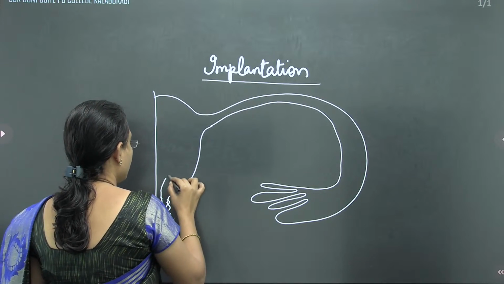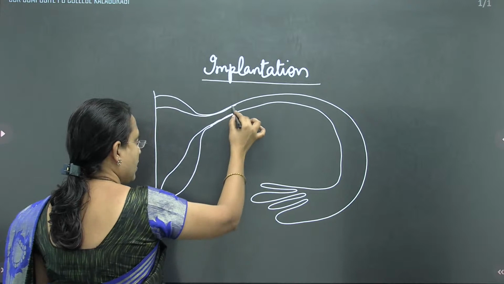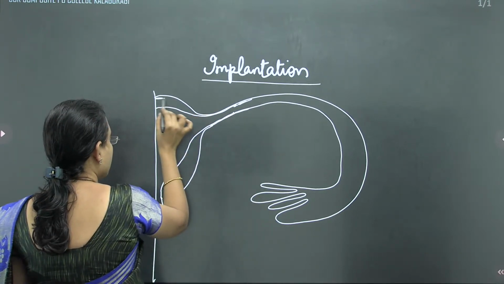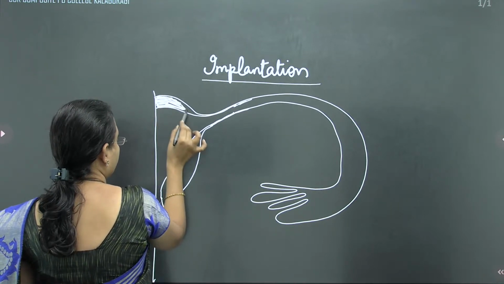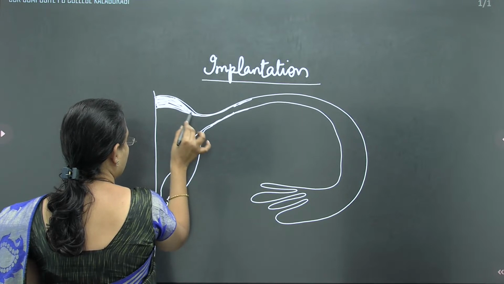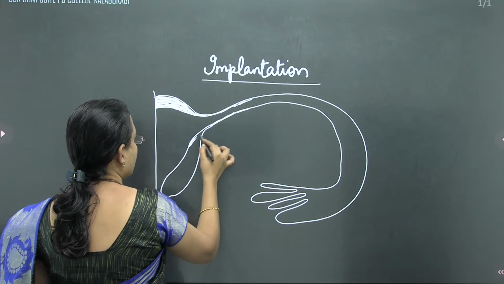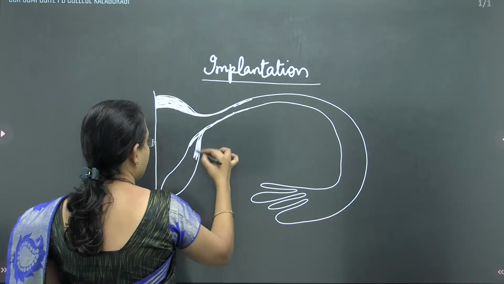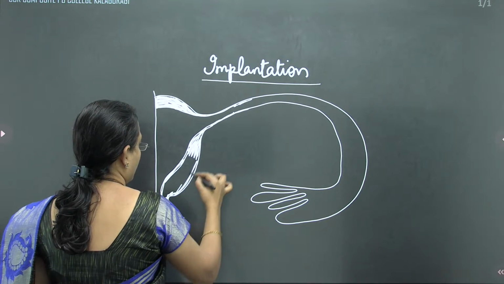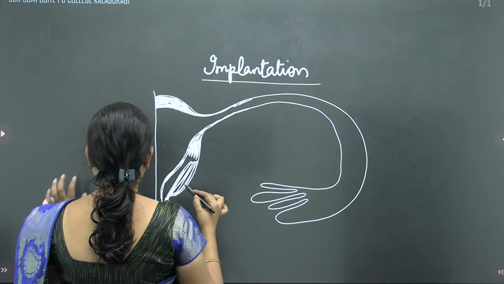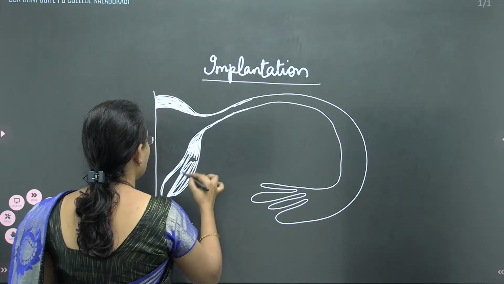This is the wall of the uterus, and this is the fallopian tube.